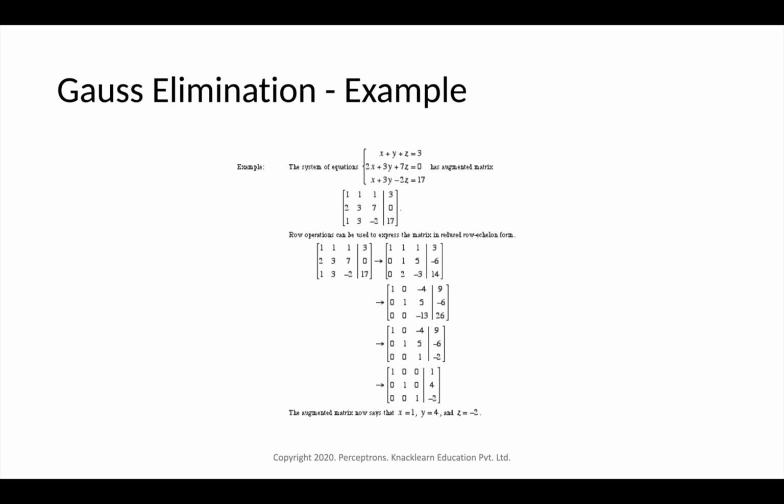This is how we can solve any linear system of equations by performing Gauss elimination. The Gauss elimination process uses reduced row echelon form. After performing reduced row echelon form on the data, we are able to solve this. So this is our Gauss elimination.